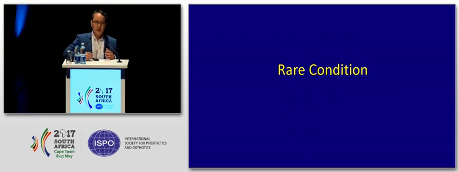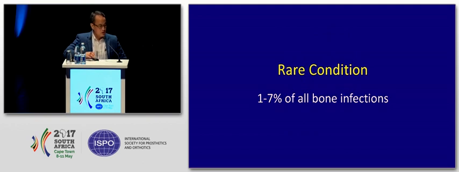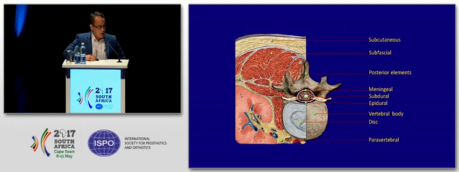Spine infection, or spinal spondylitis, is a very rare condition, and it constitutes only 1 to 7% of all bone infections. However, when you have spinal infection, it will not affect just the bone the way we always perceive it to be.